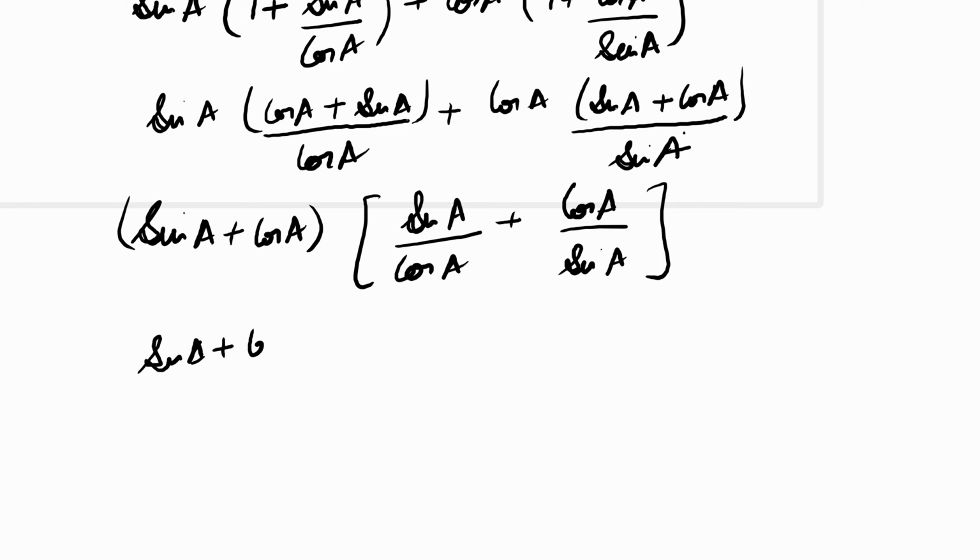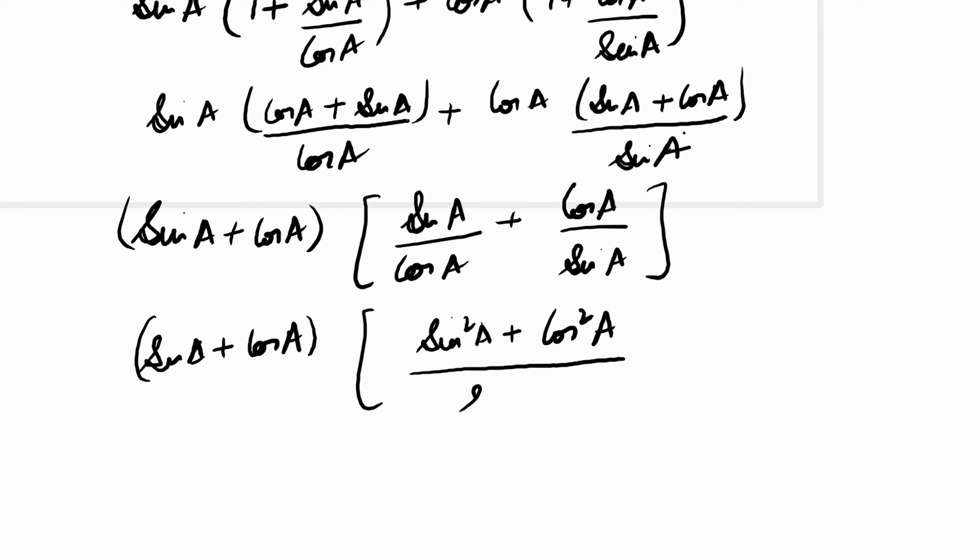Sin A + cos A we have. It will become (sin square A + cos square A) upon sin A cos A. We have taken the LCM of the denominator and multiplied them.